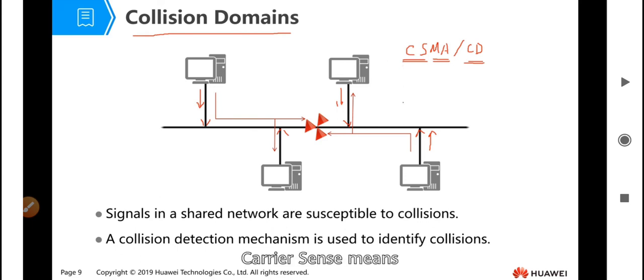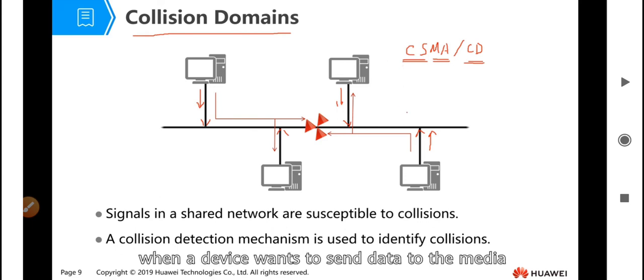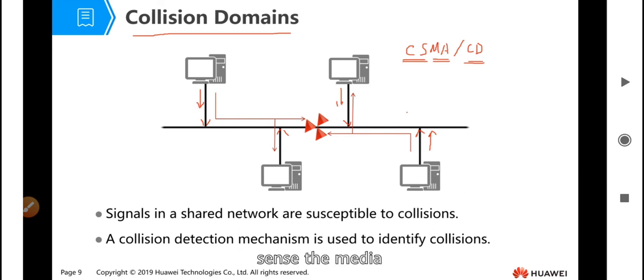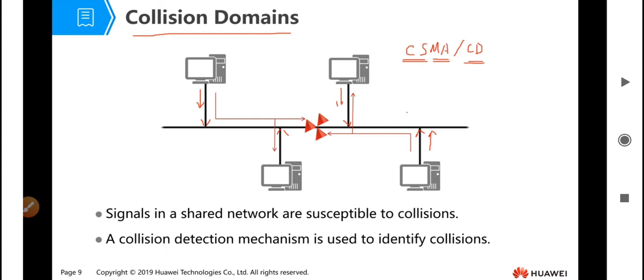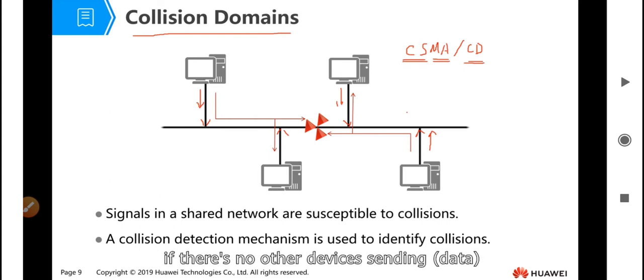Carrier sense means that when the device wants to send data to the media, it should first sense the carrier, sense the media. If other devices are sending, then hold. If no other device is sending, then I can send out.